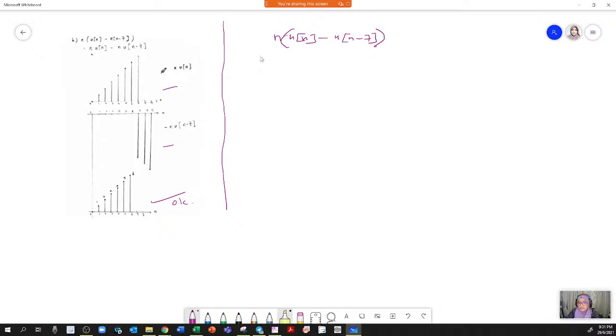As what group 3 just now did, I actually divide it into two parts. I know this one is a step input, because you have u[n] in the bracket. So I'm going to draw this step input first, because step input is easy to draw, and then I know that I have the ramp value.